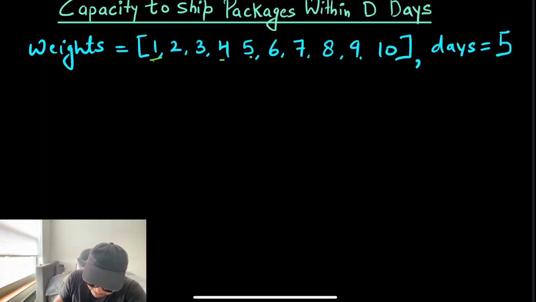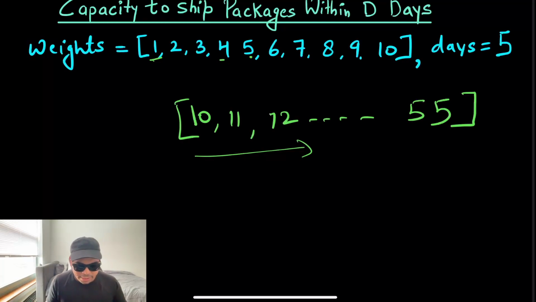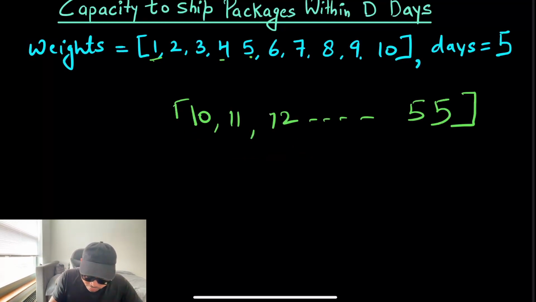So we know our range would be 10, 11, 12 to basically 55. That's the sum of these values over here. Okay, then if this is my range, rather than trying to find it in a linear fashion, I will try to use binary search.